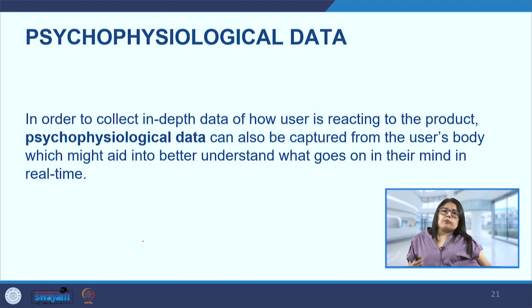Similarly, the body's response to what it is shown, we can capture with the help of certain devices that we will see, and then we can understand what is going on in their mind. From the medical point of view, that data can also be useful for the researcher depending on the kind of purpose they are aiming at.